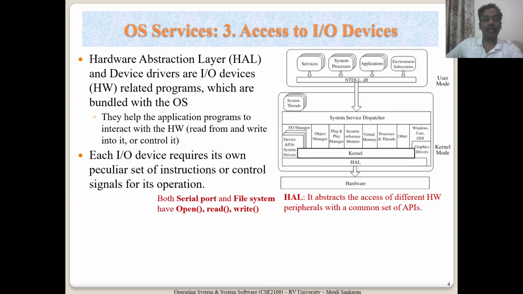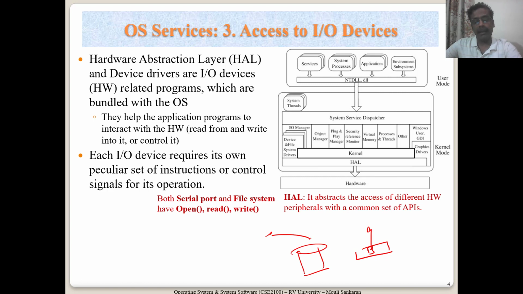So each IO device requires its own peculiar set of operations. Suppose you are having a keyboard, every character that you type has to be received. Whereas if you are reading a file from the hard disk, then the entire stream of the file needs to be read. So devices are also categorized: character devices, which are receiving single characters. Whenever you type, one character is coming. Even that itself will create an interrupt to the OS.